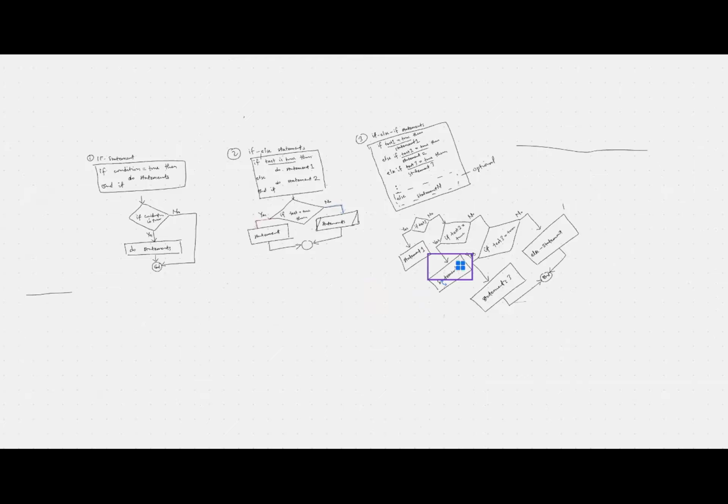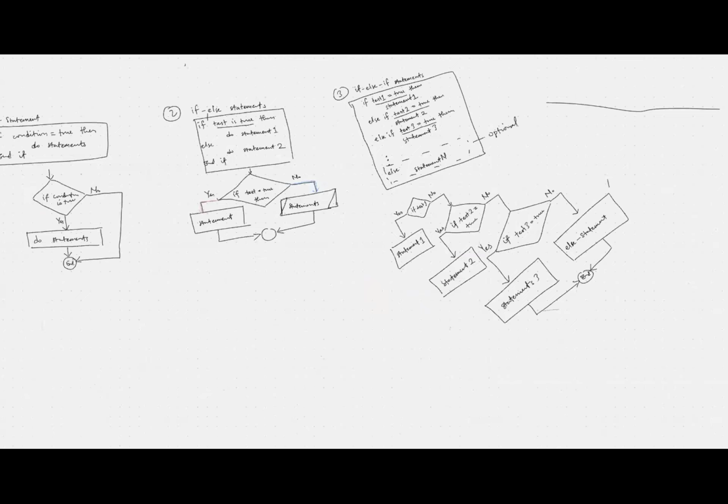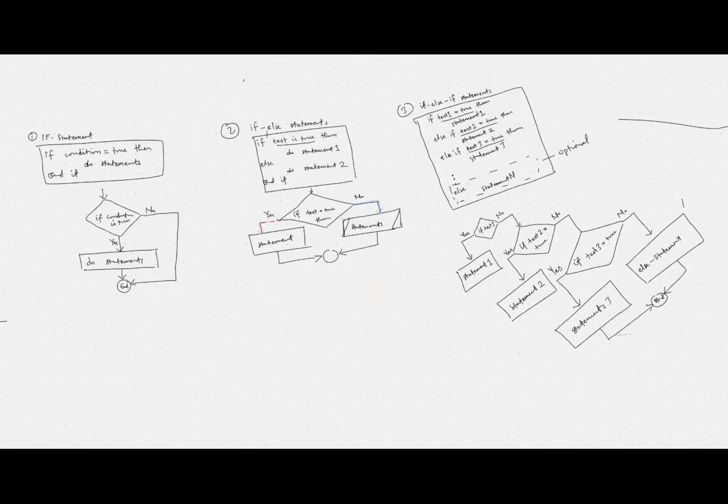I hope you can see the key differences between them. You can see that the first one is much simpler, whereas the second one adds a second layer, and the third one, you can add multiple layers.